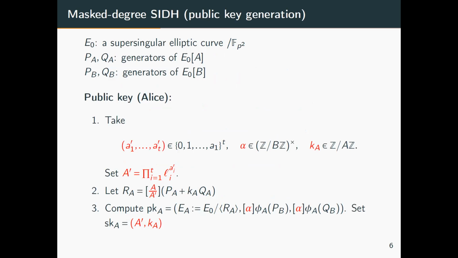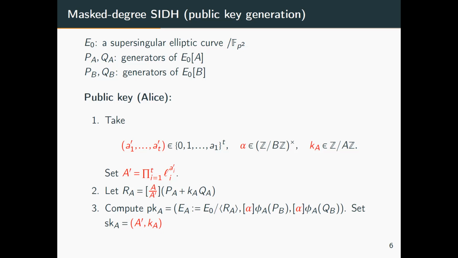Here's the precise construction in key generation. First, Alice takes the vector a_1' to a_t' and generates alpha and k_A. She sets A' as the product of l_i^{a_i'}. Next, she computes the point array like this, so the order of this point becomes A'.